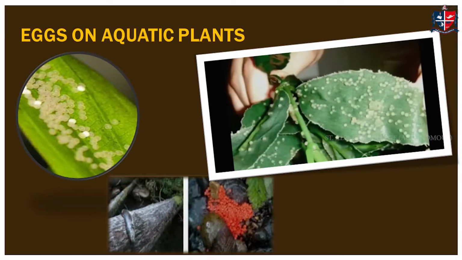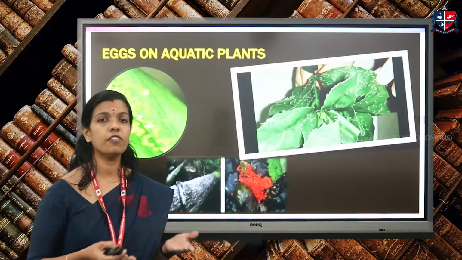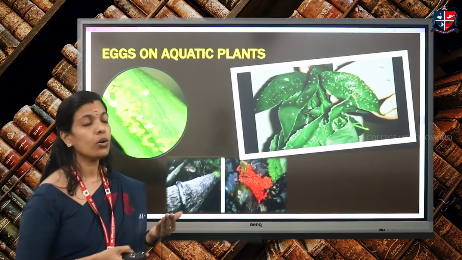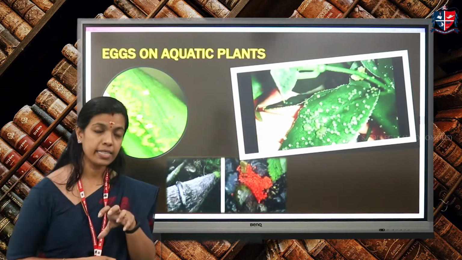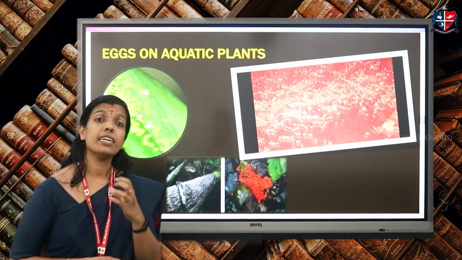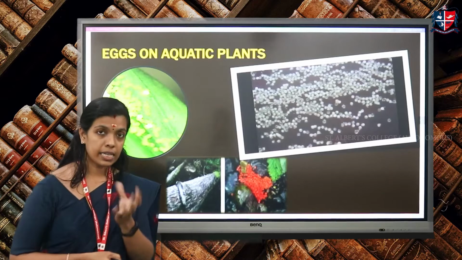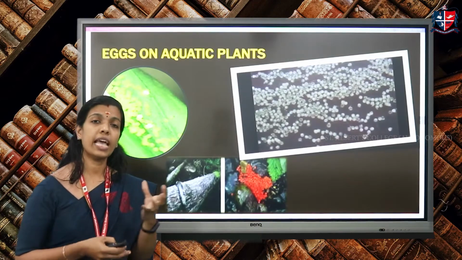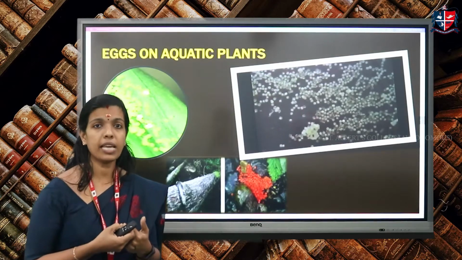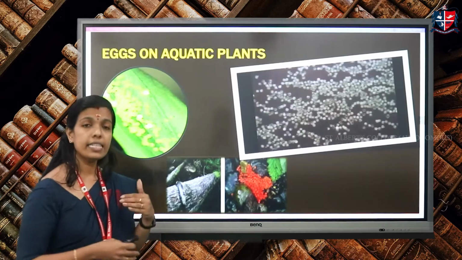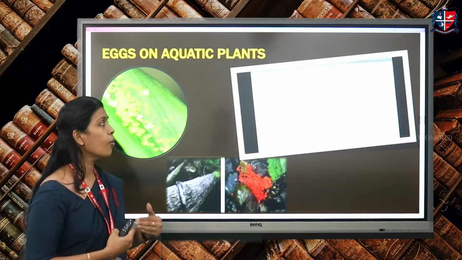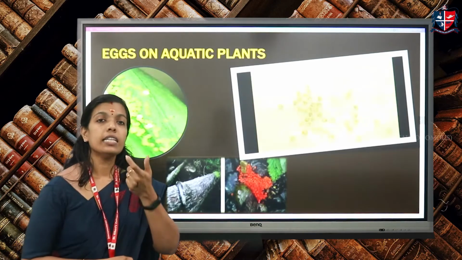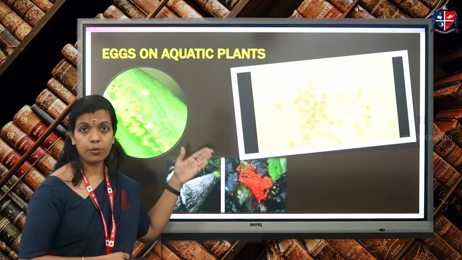Now the first one would be egg deposition. So egg deposition would happen of course in oviparous fishes, wherein the fish would lay the eggs. In certain cases, when these fish lay eggs, these eggs are surrounded by a sticky material, and this would help the eggs to attach together in some cases, as in the case of carps, or else in some other fish, in the case of goldfish, carps, Carassius, etc. This sticky nature would allow the eggs to settle on the aquatic weeds.